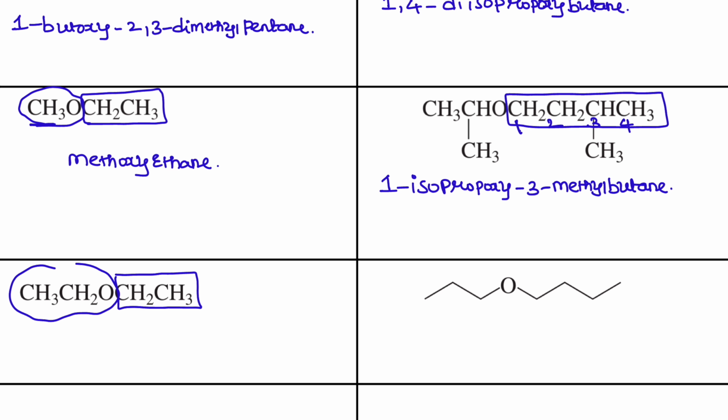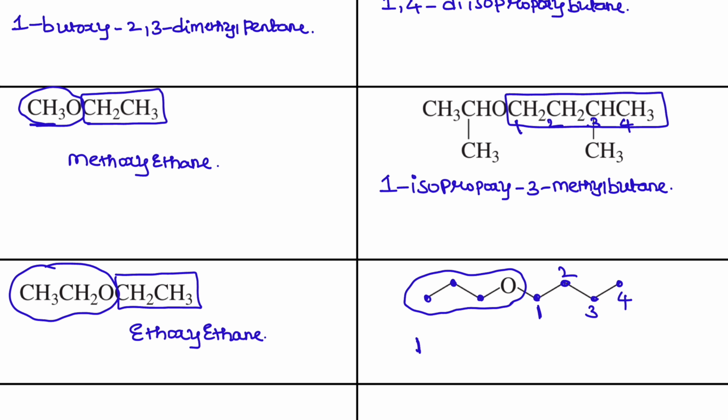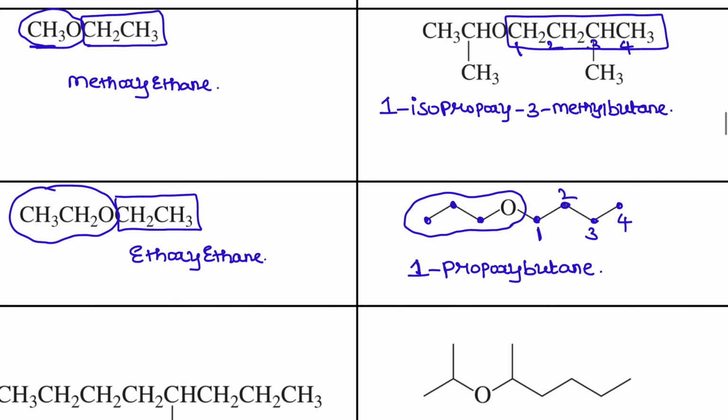And of course, both the sides alkyl groups have the same number of carbon atoms. Therefore, this one I am taking as alkoxy group, and this compound is ethoxyethane. And here left side we have 3 carbons, right side we have 4 carbons. Therefore, this will be the long chain. And this is named as alkoxy, first position, that is 1-propoxy, root word but suffix ane.